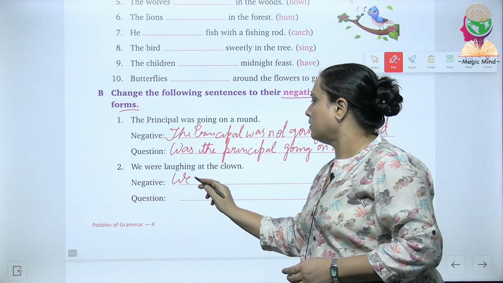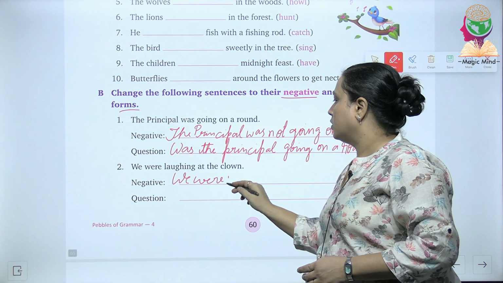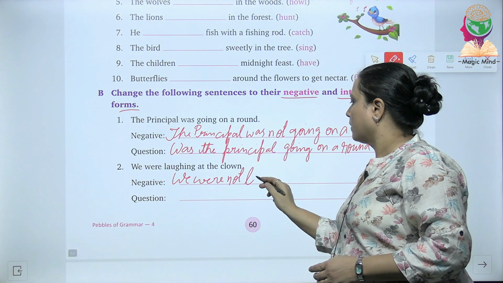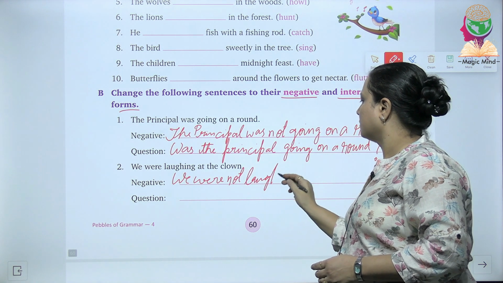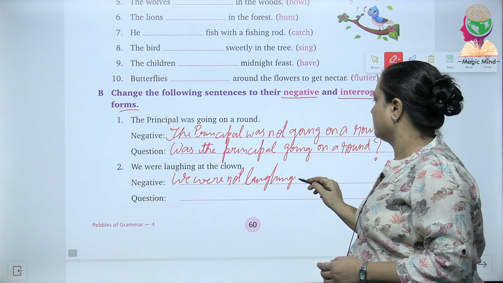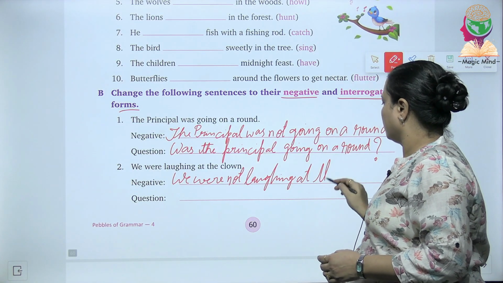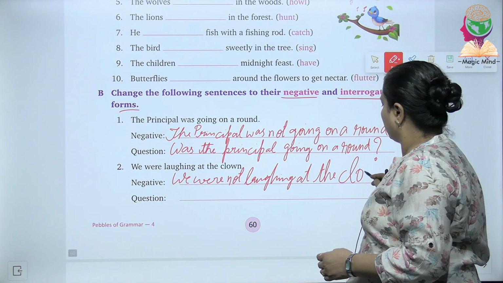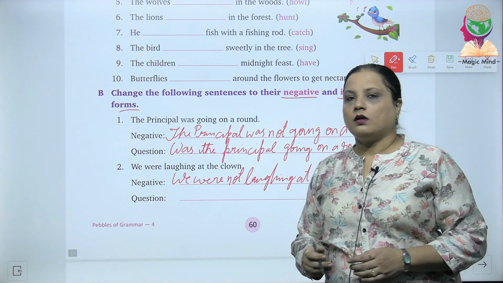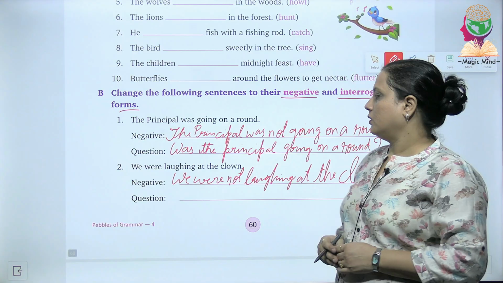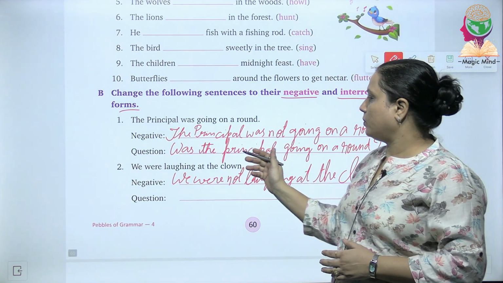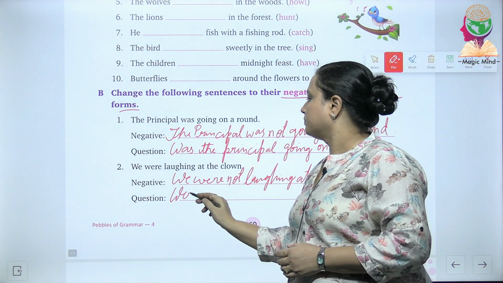So let's write here we were not laughing at the clown. Then the question. What will be the question? We will begin with were.